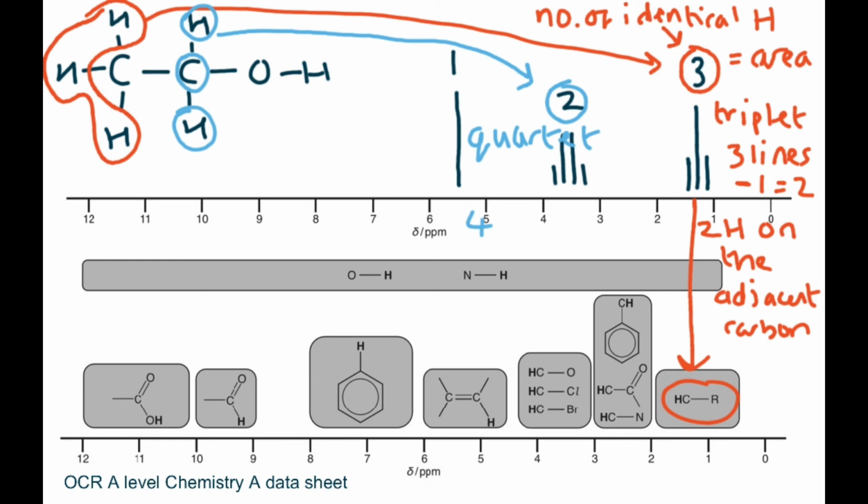So 4 lines, take away 1 equals 3. That tells us that there are 3 hydrogens on the adjacent carbon. We look at the molecule, and yes, on the very next carbon there are 3 hydrogens. So that works as well.